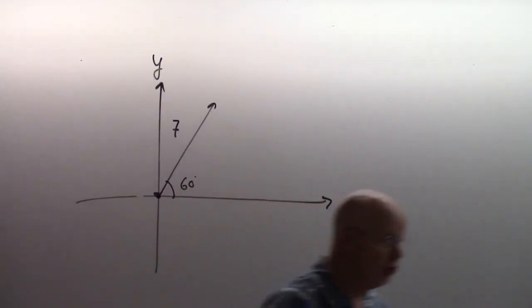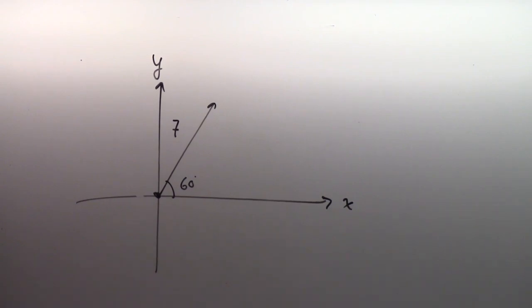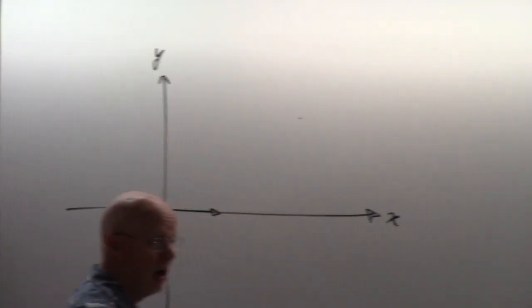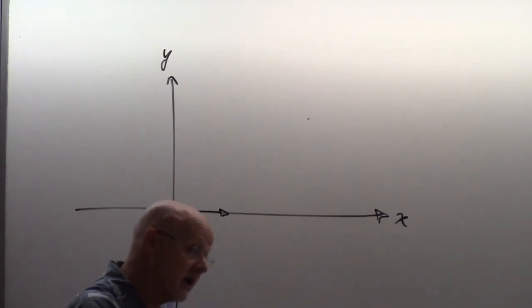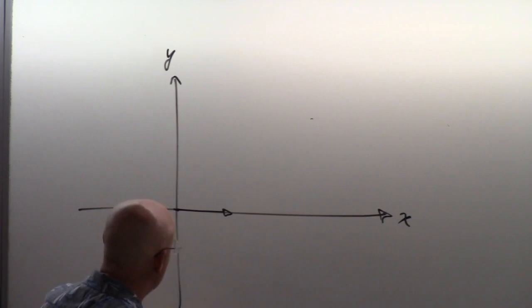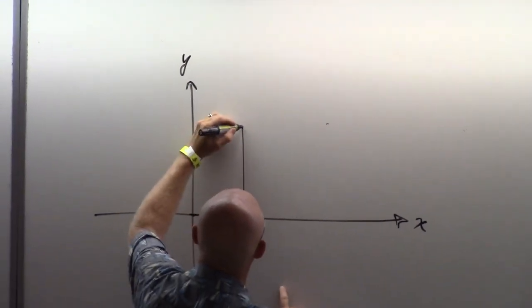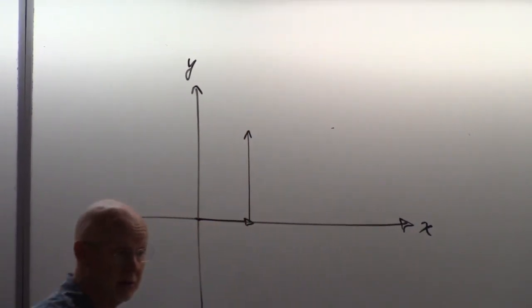Or you could say, I took, and I don't know what the number is yet, I'm going to work it out, I went along the x-axis so many steps, and then along the y-axis, so many steps.